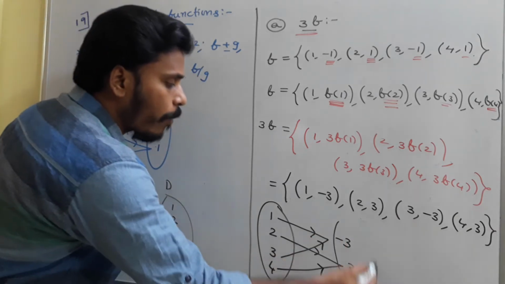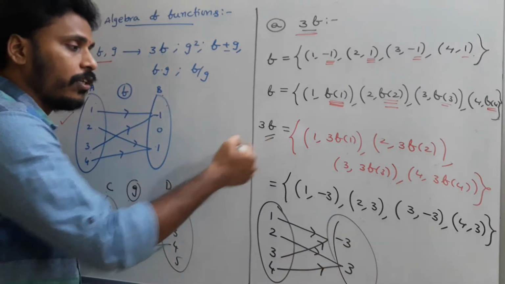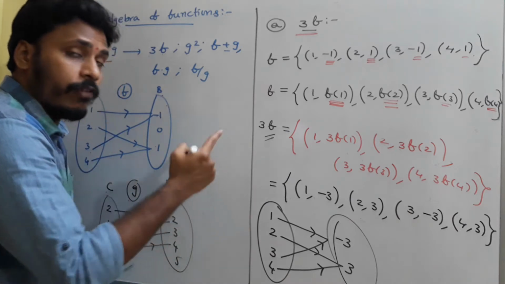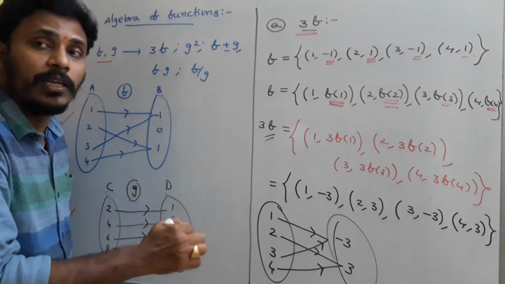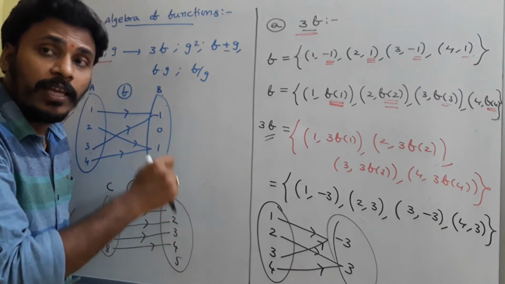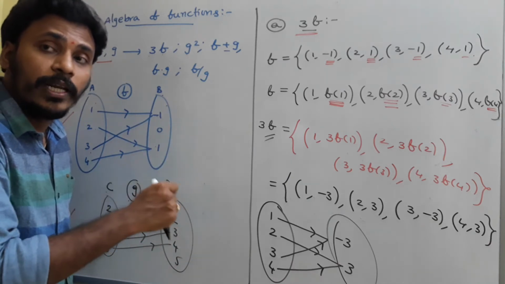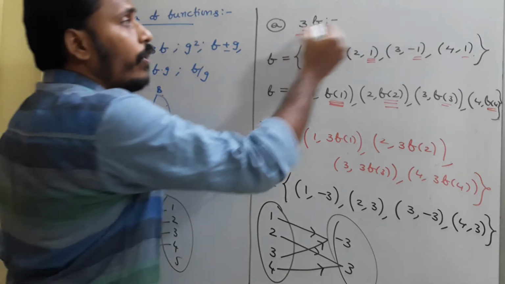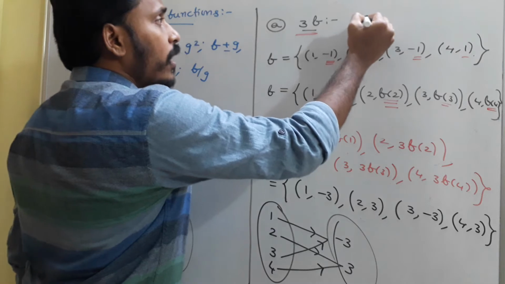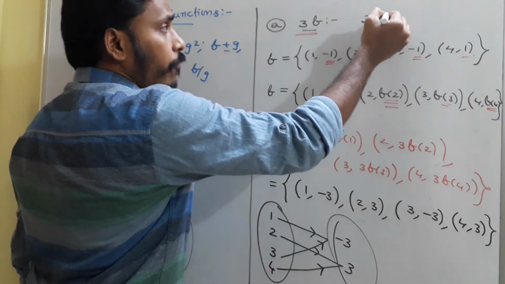We don't know about the second set for the function 3f, but the domain, the first set, must be the same as with f. And the connections just connect every element to 3 times the image of that one.